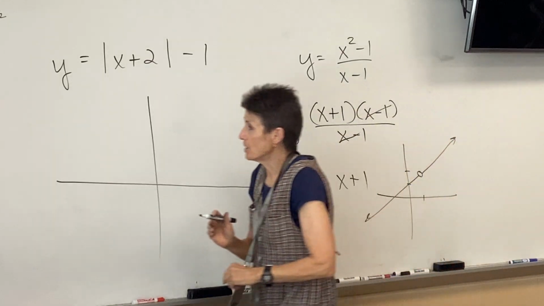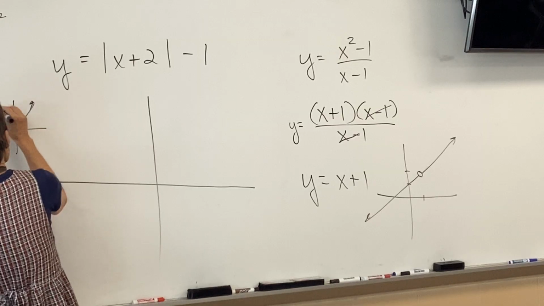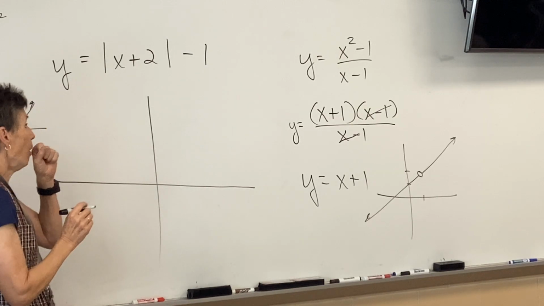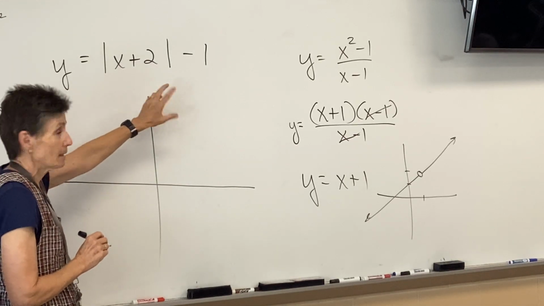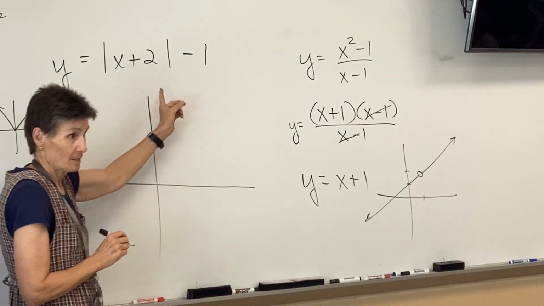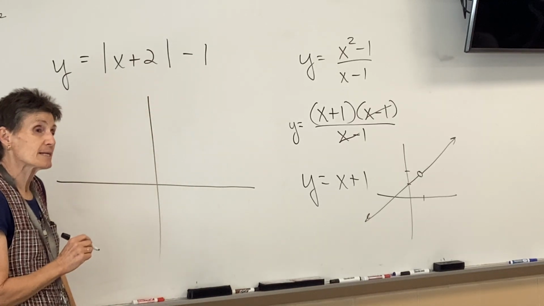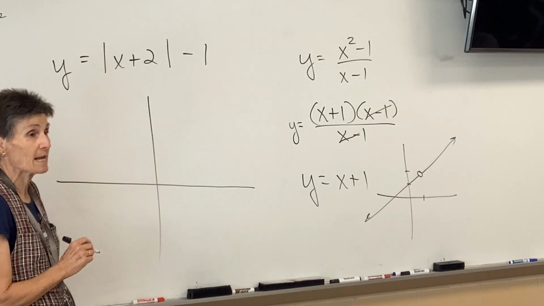Now, the normal absolute value V's from the origin. This one has been moved. These numbers move it. It's called the translation. Anybody take a guess how it moves? Down 1, absolutely. So it's down 1.